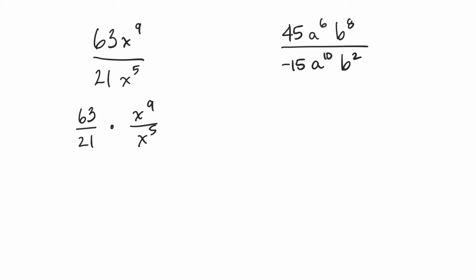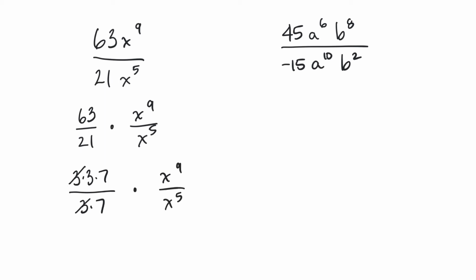If not, then just write the prime factorization. So this 63 is 3 times 3 times 7, and 21 is 3 times 7, and then we still have times x to the 9th over x to the 5th.